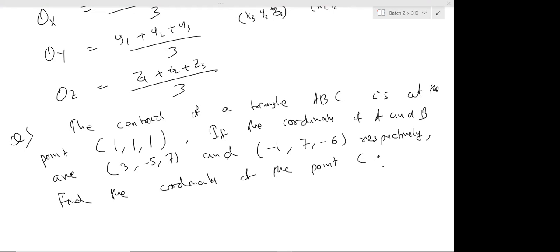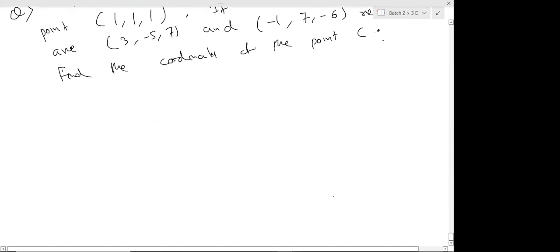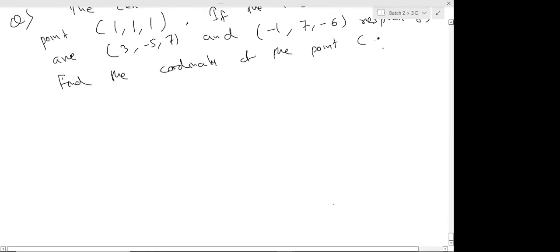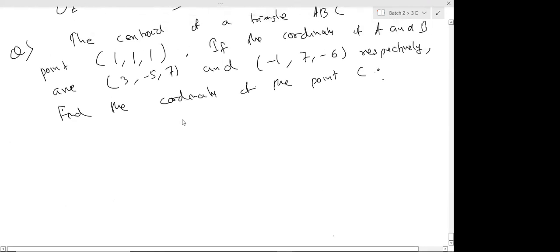Rahman, I don't have the answer. All right, let's check if that is the correct answer. So the centroid x coordinate is 1, and this will equal 3 minus 1 plus x upon 3, right?